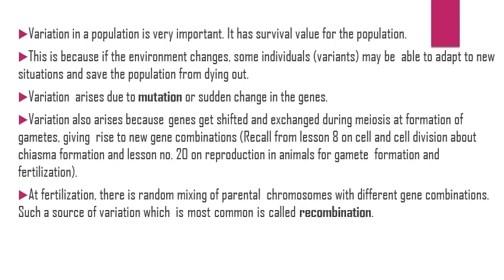At fertilization, there is random mixing of parental chromosomes with different gene combinations. Such a source of variation, which is most common, is called recombination.